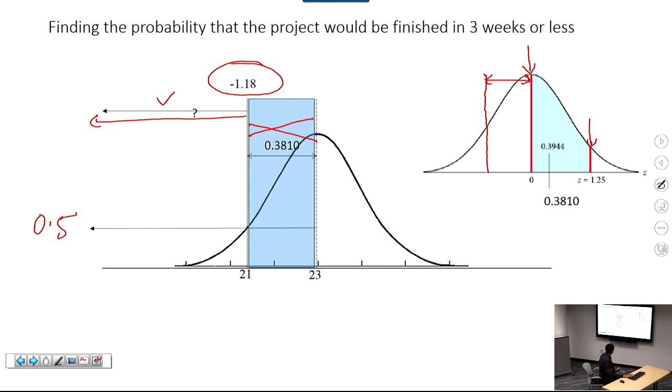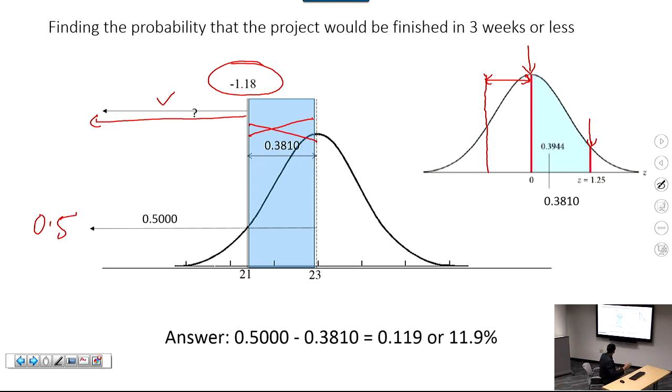So this is the answer then. That whole thing is 0.5, and you take that whole thing and you subtract this portion from there, and that gives you the area that you are interested in. This is what you want: the probability that the project would be finished in 21 days or sooner, right?